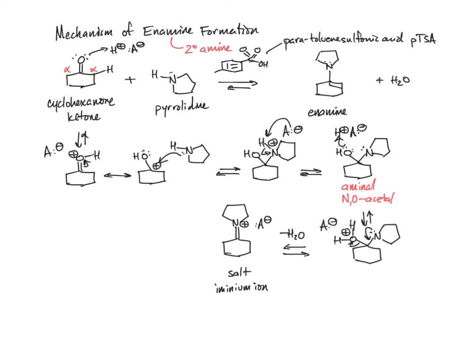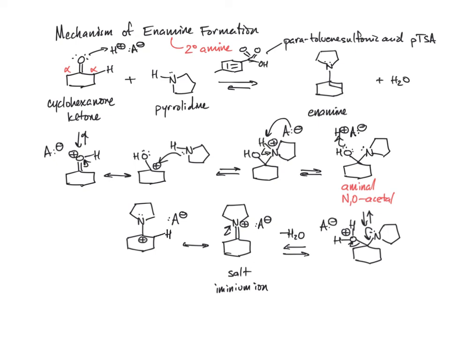So it's a salt because you have plus, minus. Another term is an iminium ion. Now let me show you a resonance form of this. So now nitrogen neutral. And this is where that alpha carbon is important.